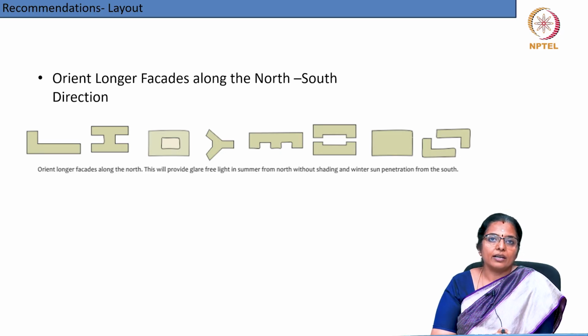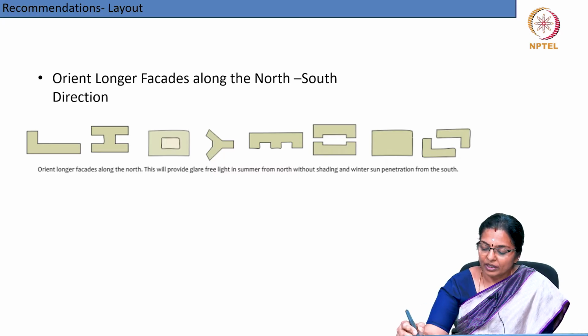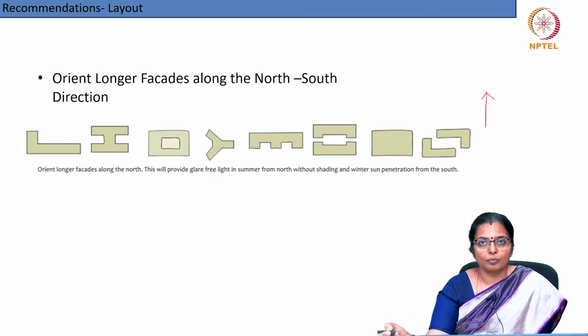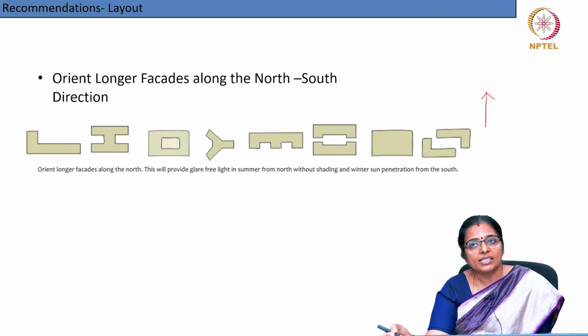Always orient long facades on the north-south direction. So, this must be ideally the north point. In the north tropical climates, orient the building so that the east-west axis is the shortest.